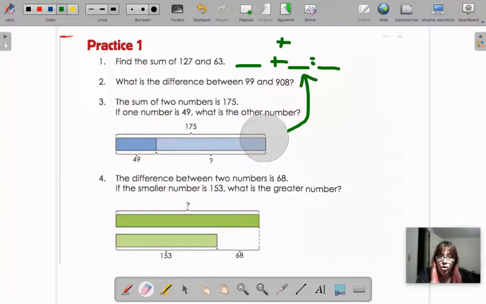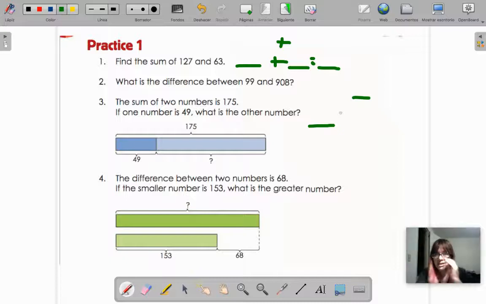Now, for a difference or a subtraction, you need a big number first, okay? The big number first, that means the complete thing. Then you take away one of the parts, okay?